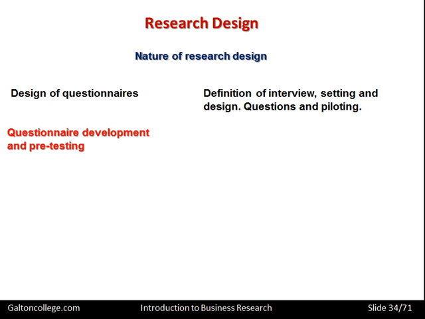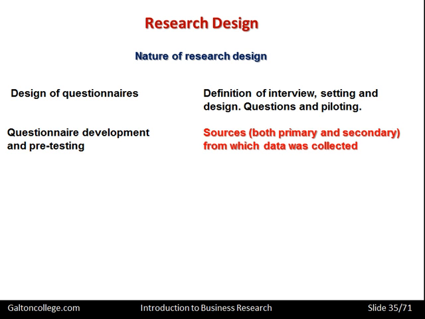There's the issue, as I said, of questionnaire development and pre-testing. It's important to list out both the primary and the secondary forms of data that were used. Secondary would be published data, but the published data may indicate the type of questions that need to be asked. Primary is getting information firsthand.